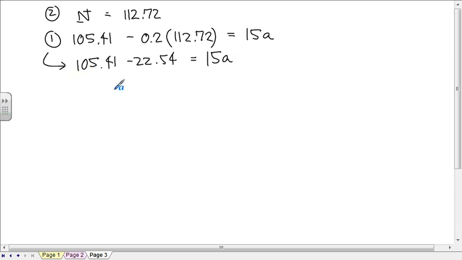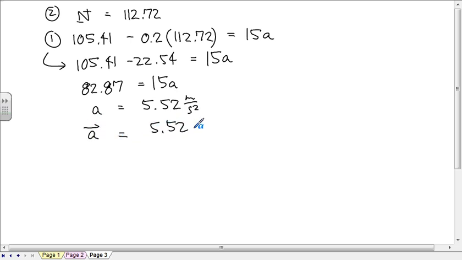And so, what's this? 82.87 is equal to 15a. So what do you get for a? 5.53? Okay, meters per second squared. So the acceleration vector is positive 5.52 meters per second squared, 0.